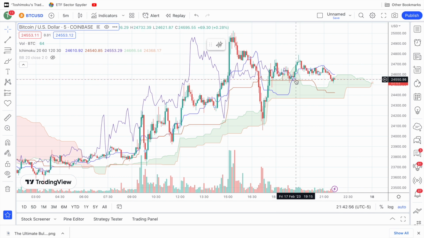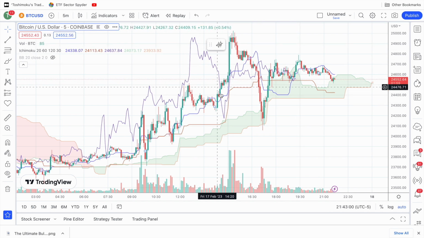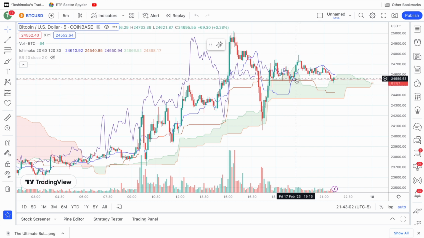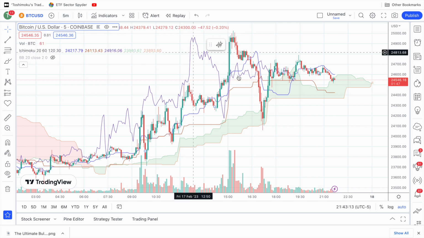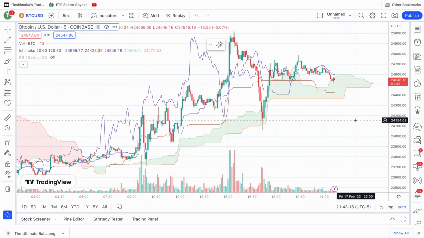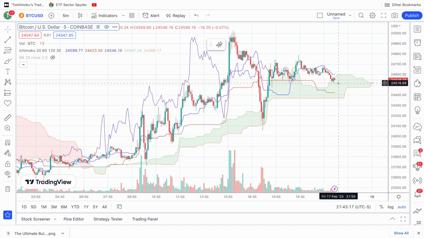And then the lagging span, which is buried under here, the purple line coming through, it's right in between the conversion line and the fast line. That has to go below the cloud as well. So if you were looking to trade this, this is the 5-minute chart. You can start to maybe get ready to short Bitcoin in the short term if you wanted to trade something that short.